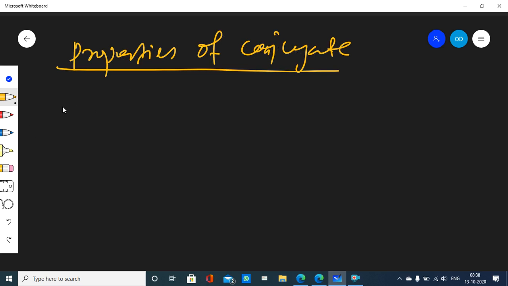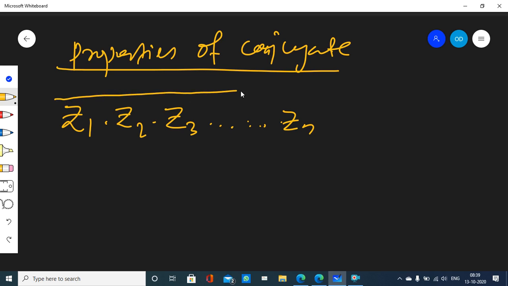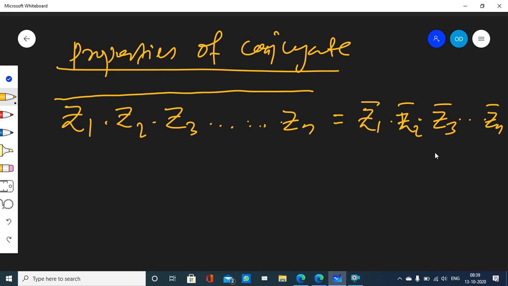Suppose z1, z2, z3 up to zn are complex numbers, and we are multiplying them together and then finding the conjugate of the product of these complex numbers. First we multiply them, then we find the conjugate of the product. This is the same as conjugate of z1 into conjugate of z2 into conjugate of z3 into and so on, the multiplication of the individual conjugates.